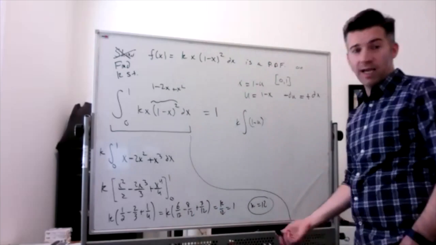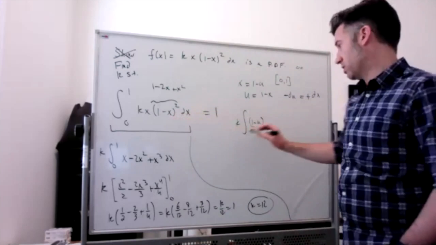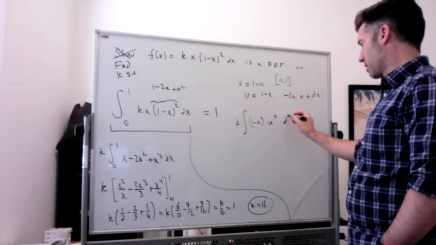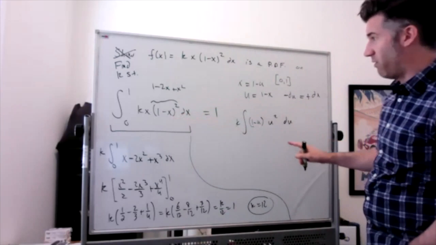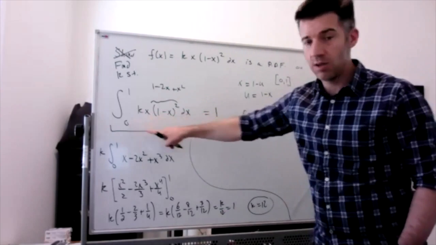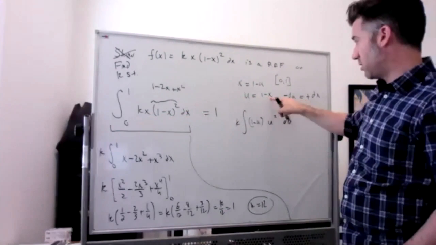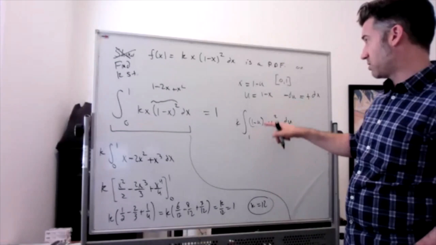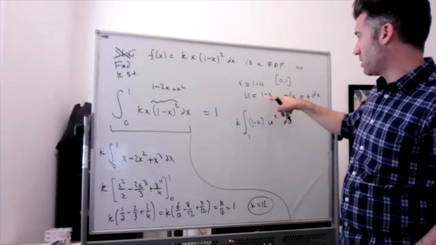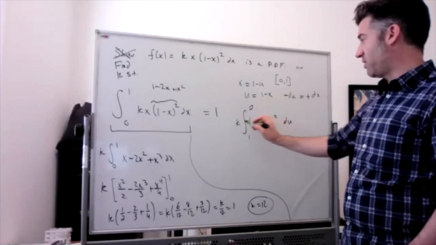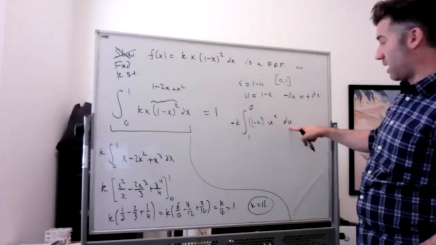And 1 minus x is u, squared. And my new limits of integration, well, if x is 0, u is 1 minus 0, which is 1. And if x is 1, u is 1 minus 1, which is 0. And I forgot the negative sign, because it's a negative du.